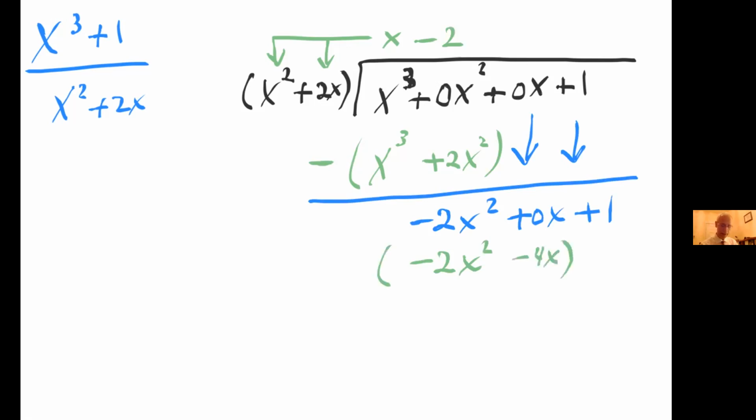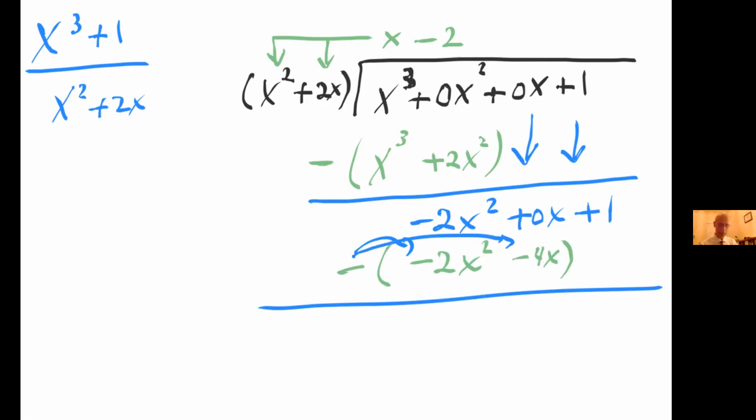If I subtract this, minus 2x squared cancels, and negative times negative is positive. So I'm left with 4x plus 1. The degree of this is now less than the divisor, so this is my remainder.